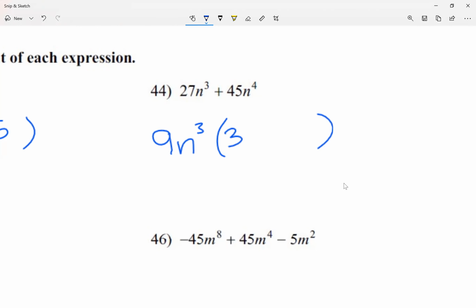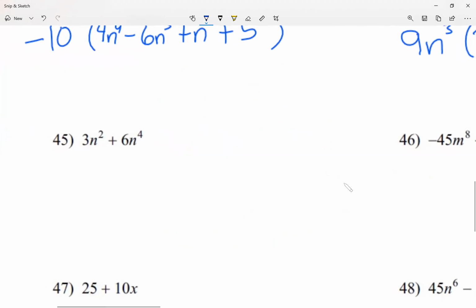N, subtract 3 from the exponent. I have n to the 0, so I don't have an n anymore. And there's a plus sign. Number-wise, 45 divided by 9 is 5. Subtract 3 from the exponent. I'm left with n to the 1.